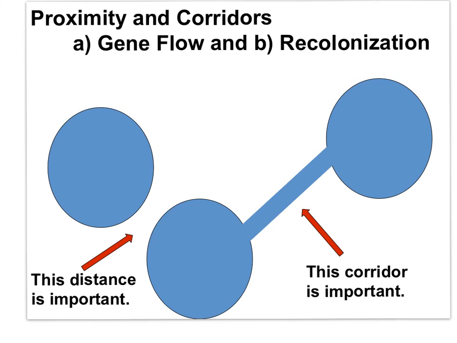In this diagram, I'm suggesting that proximity to other parks is important for gene flow and recolonization in case of extinction. As well, if corridors can be made and protected, gene flow is encouraged. An increase in gene flow between parks increases genetic diversity of individual species, important in their long-term evolutionary success.